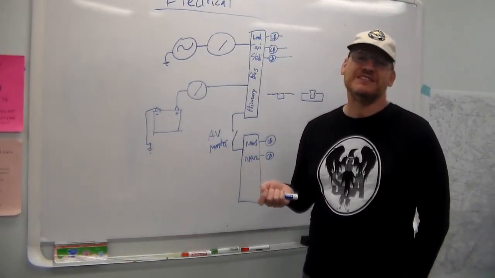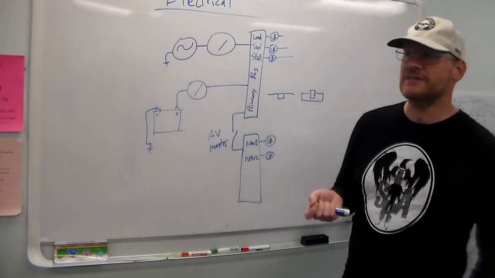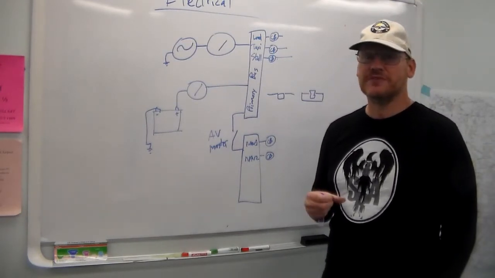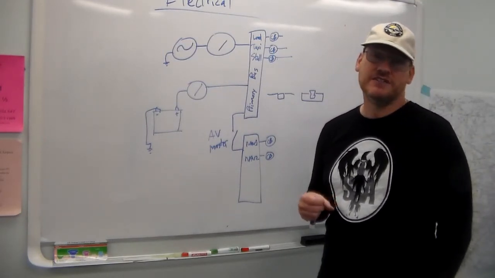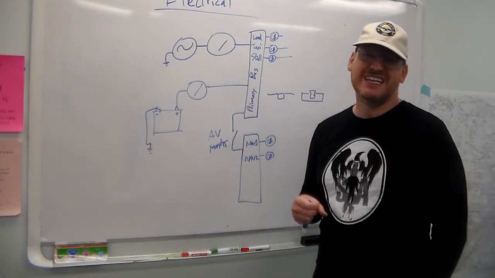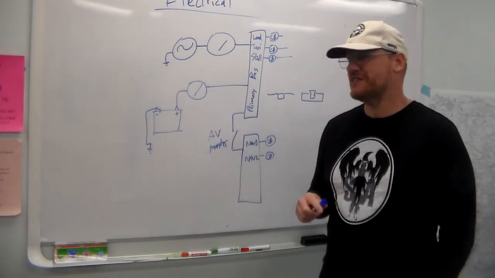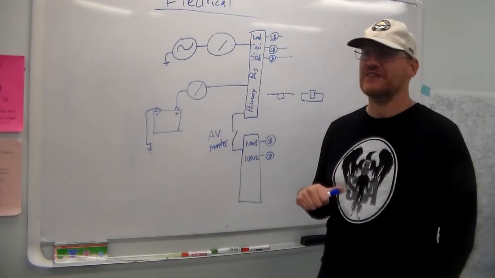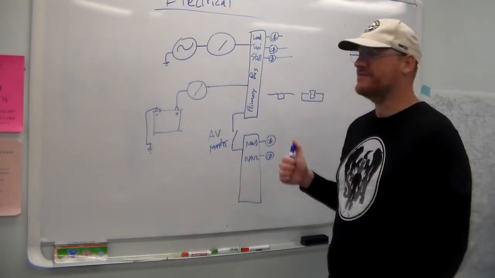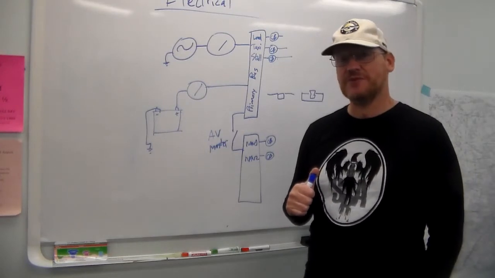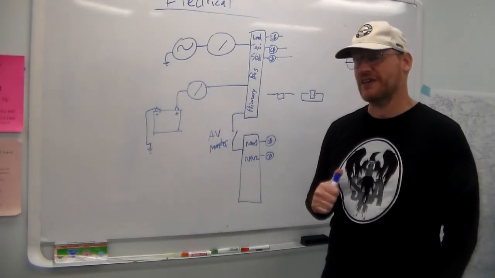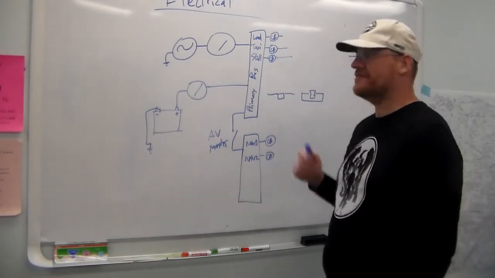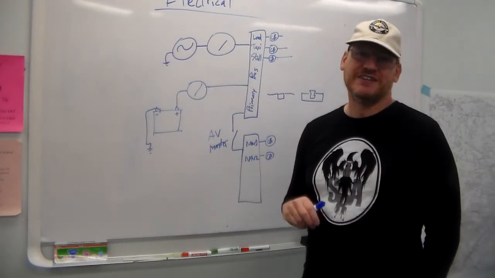What kinds of things have pullable breakers? Flaps, electric trim, any kind of a motor is probably going to have a pullable breaker. Your autopilot is going to have a pullable breaker. Often your electric gyros, like your turn coordinators, usually electric, will have a pullable breaker.